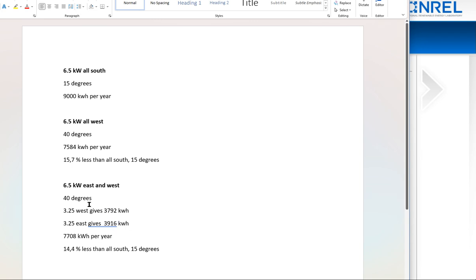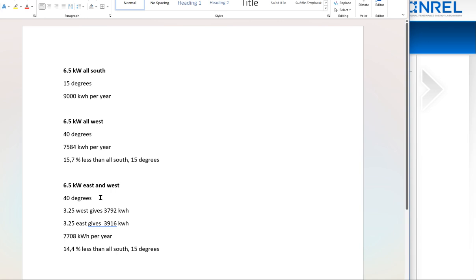But let's not get too much into that here because it gets too complicated, because what we wanted to compare when we started the video was to compare what happens if we put the panels on an existing steep roof that's either all west or east and west, and compare that to if we make a new frame that's perfect. So we see here that, for simplification, we'll say that the difference is 15%.